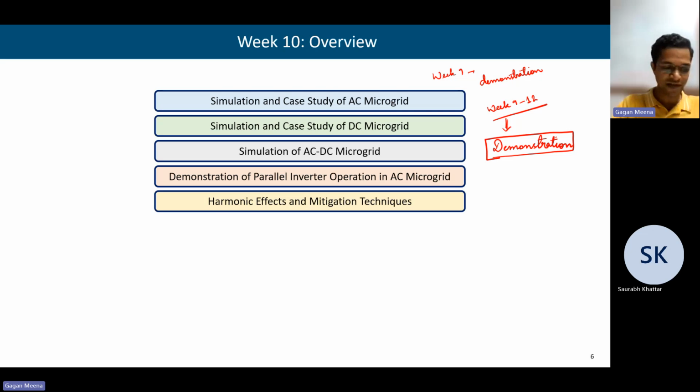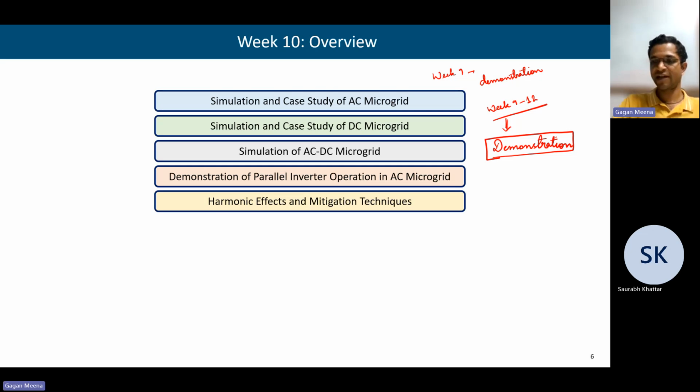Before integrating any kind of new equipment, or new generation or new transmission system to the existing system, we need to conduct thorough detailed studies. And one of the aspects of that is simulation.